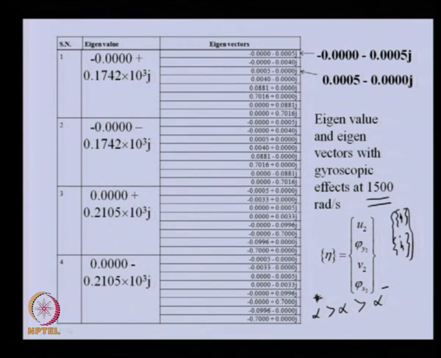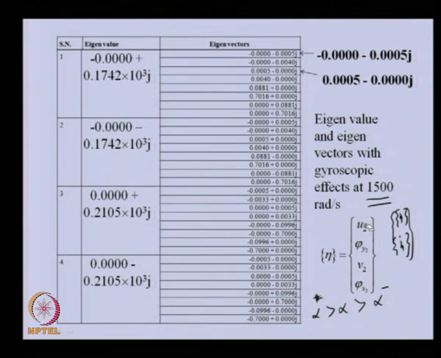The 8 values of the eigenvector are very small. Some of the values I have shown here, which are more important. Basically, corresponding to one eigenvalue we will get 8 eigenvector entries for one element, and the stacking will be first 4 displacements and next 4 the velocities of these.